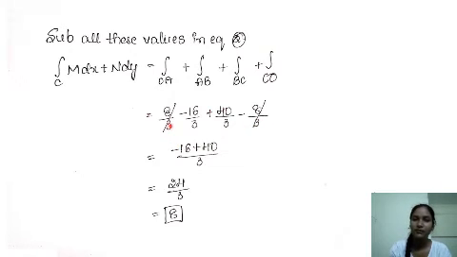So 8 by 3 minus 8 by 3 will be cancelled. If you make LCM, that will be minus 16 plus 40 by 3, that is 24 by 3. 3 ones are 3, 3 eights are 24, so the answer will be 8.